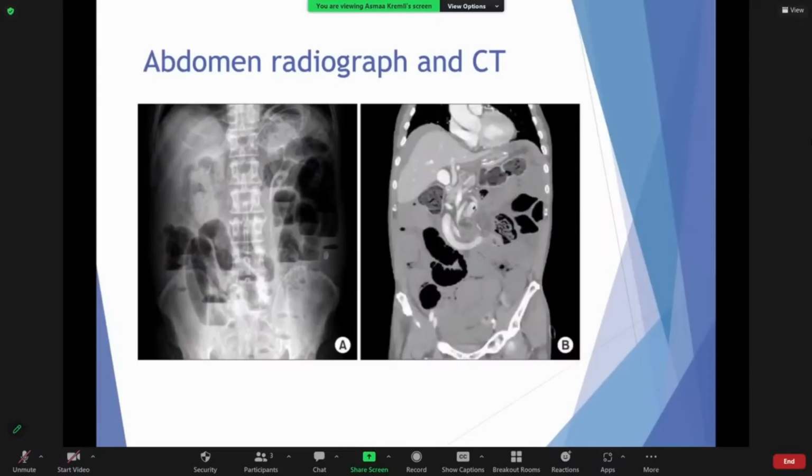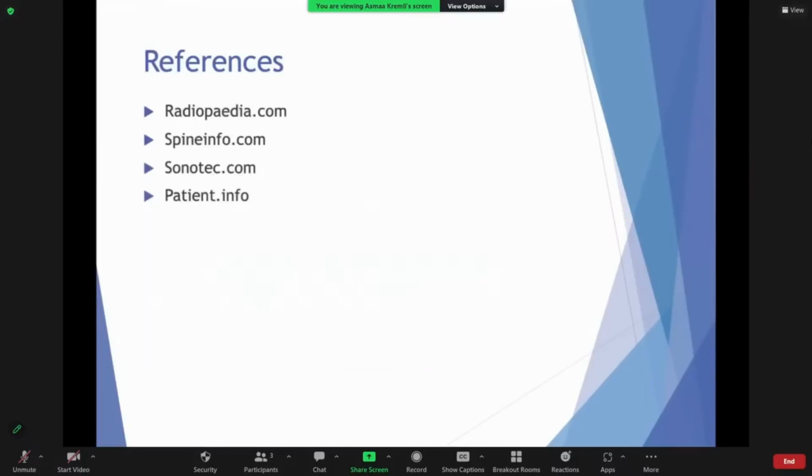When we did a CT scan for the same patient, we can see that there is severe ascites, and if we scroll up and down and anterior posterior, we can see exactly where the obstructed bowel is, and we can give the location of the obstruction.